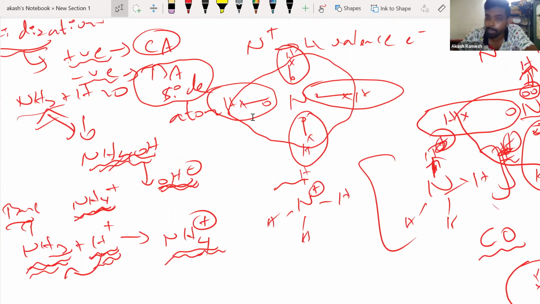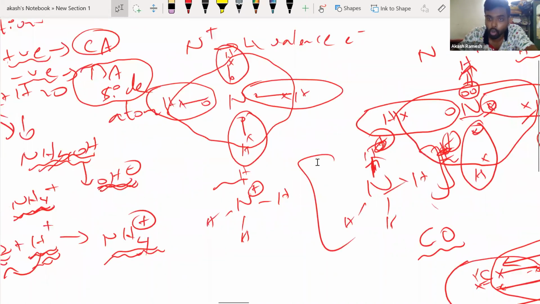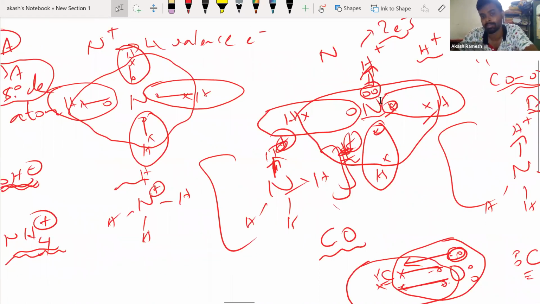But sometimes chemically we'll be able to prove that the structure with the coordinate bond makes sense, because ammonia is the base, it will accept H plus. So obviously the positive charge has to go to hydrogen, and in this H plus there is no electron, so the two electrons will go from nitrogen to hydrogen. So this is a proper structure.